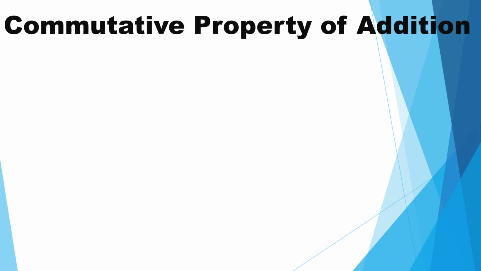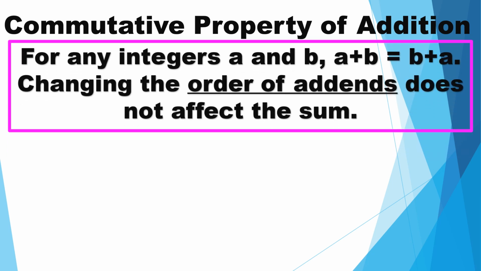Commutative property of addition. For any integers a and b, a plus b is equal to b plus a. Changing the order of addends does not affect the sum.